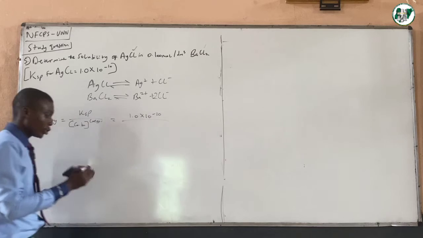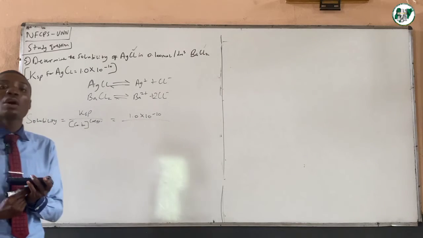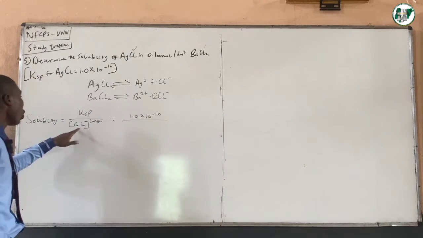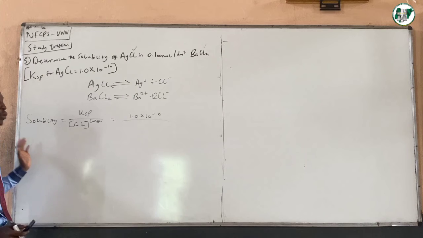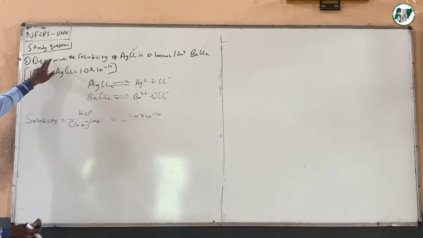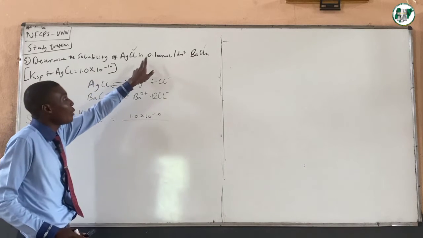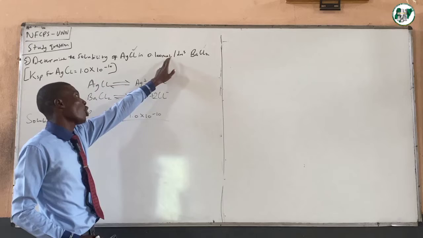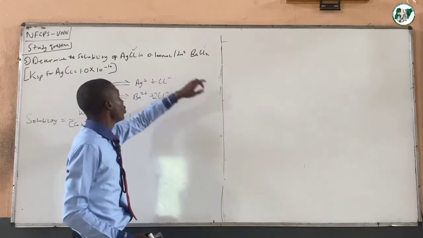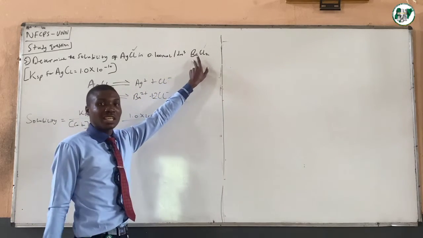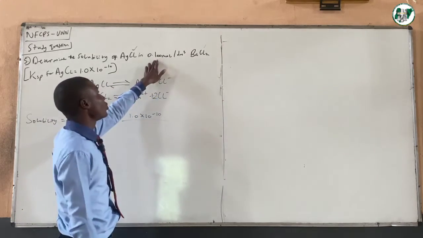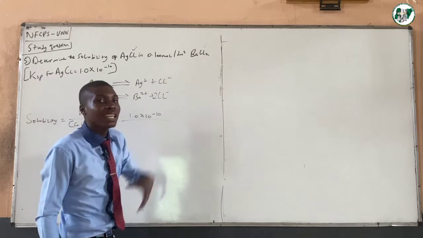And then the concentration, I told you before that the concentration we are working with is the concentration of the solution in which you want to dissolve the salt. This question says the solubility of AgCl in 0.100 mole per dm cube of BaCl2. So where you are dissolving the salt into is BaCl2. So you need to get the concentration of the common ion in BaCl2.